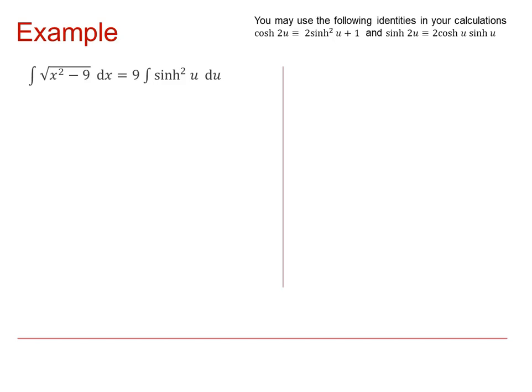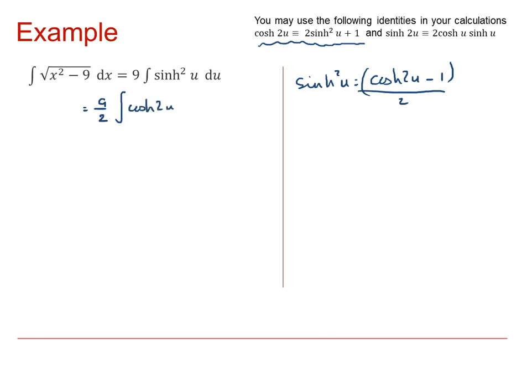The sine squared is not something we can do directly, however we can use this identity to see that sine squared u is equal to cos 2u minus 1 over 2, so half of cos 2u minus 1. Therefore this integral becomes 9 over 2 multiplied by the integral of cos 2u minus 1 du.